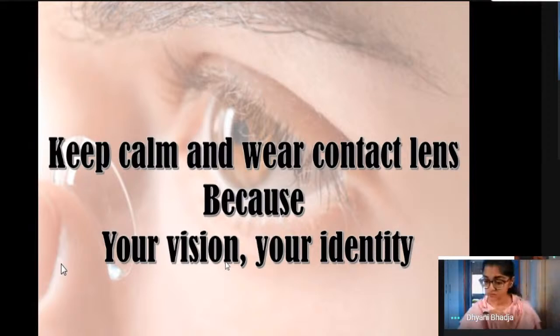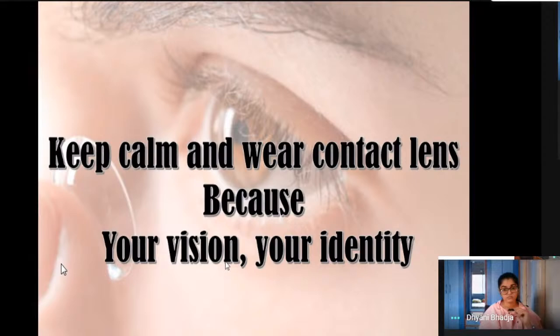Okay, Dhyani, that was a very wonderful presentation you explained, on Toric contact lenses as a case presentation. This gives a quick understanding of the fitting aspects, and she has already covered most of the points.